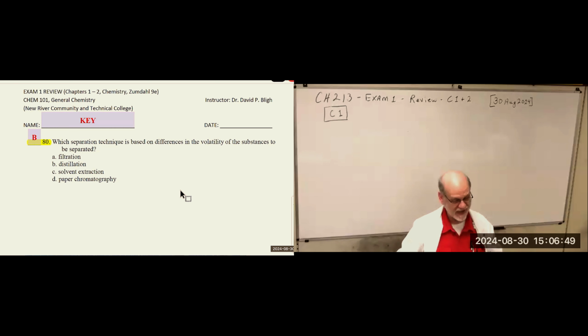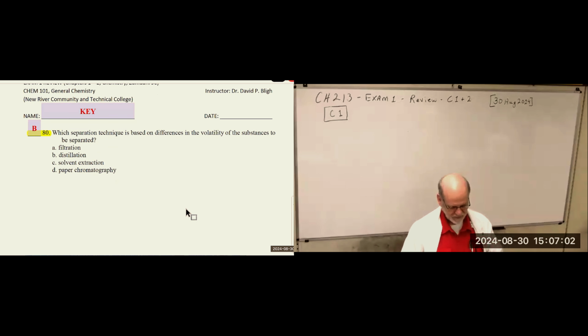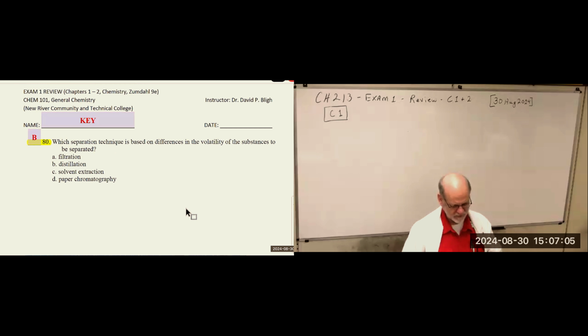So it's the sky's the limit, right? Mass spectrographs have been mated with all kinds of different analytical procedures. Okay, so the answer to that one is B.